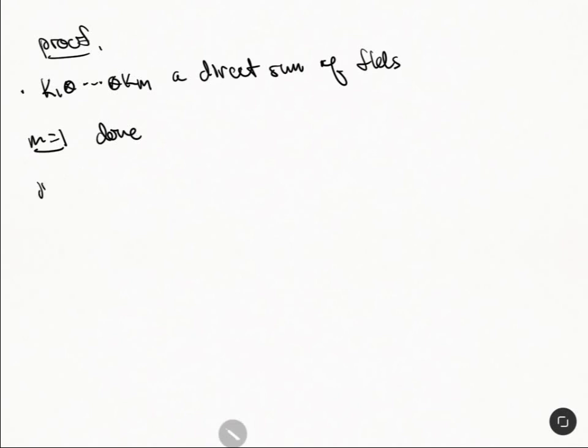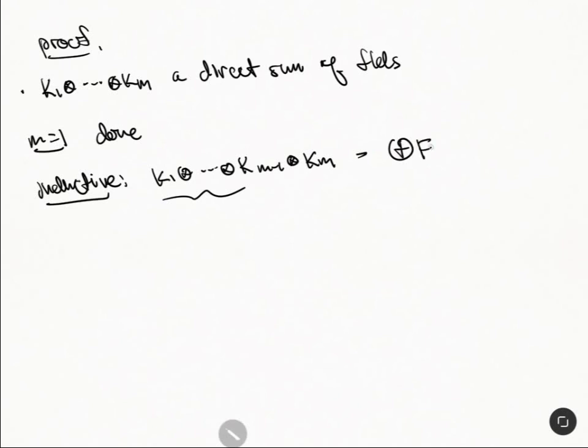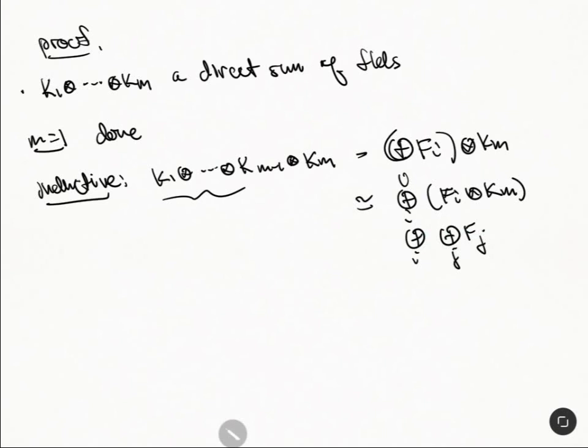For the inductive step, you take k1 tensor up to k m minus 1 tensor km. By the inductive hypothesis, this looks like a direct sum of fi's tensor km, and this is a direct sum over i, and then a direct sum over j because you apply the inductive hypothesis again. That's how that proof goes.